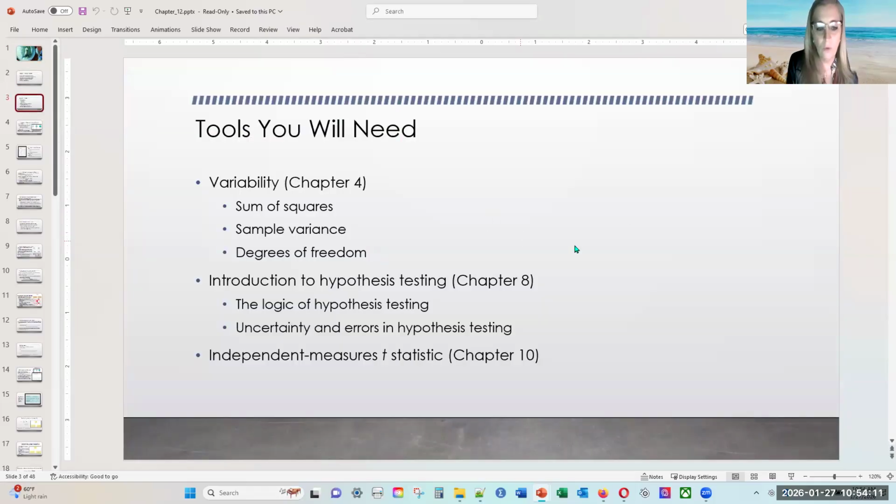But make sure you have a very solid understanding of what variability is, and I have confidence that you do. That was way back in chapter 4, right? And with that, we learned how to perform sum of squares and calculate sample variance, and we learned what degrees of freedom are and why we use it.